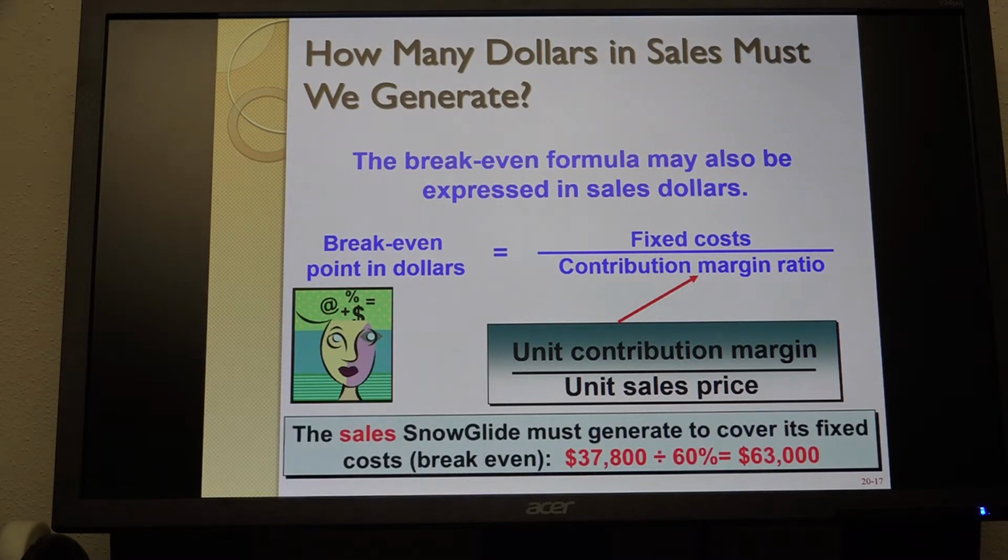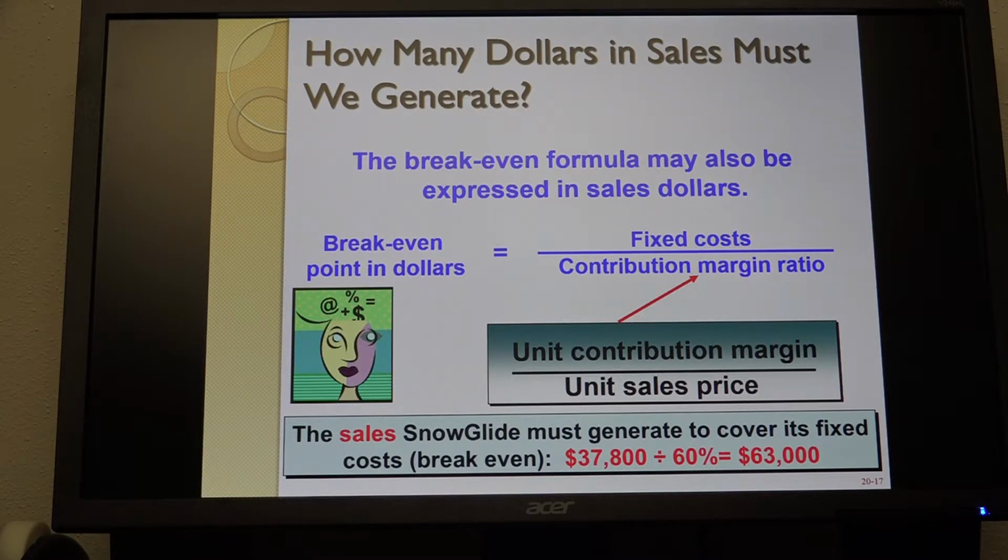Another question, how many dollars in sales must we generate in order to break even? So break-even point in dollars in the formula is fixed costs divided by contribution margin ratio. Well, what's the contribution margin ratio?